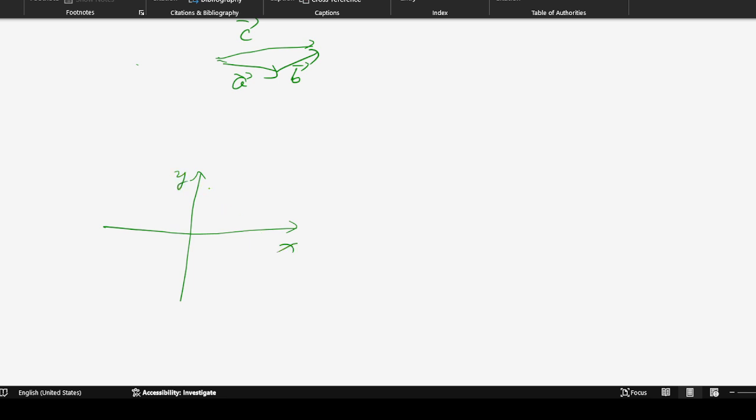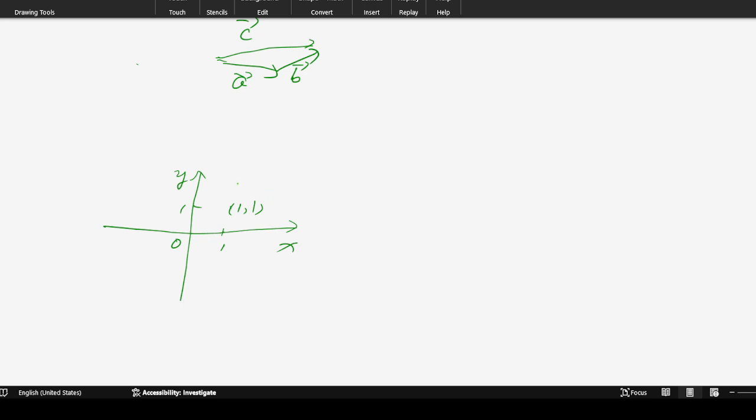We call this the Cartesian coordinate system. For example, this position is 1 comma 1. The position is 1 comma 1.